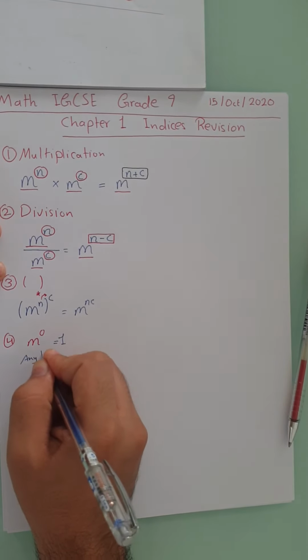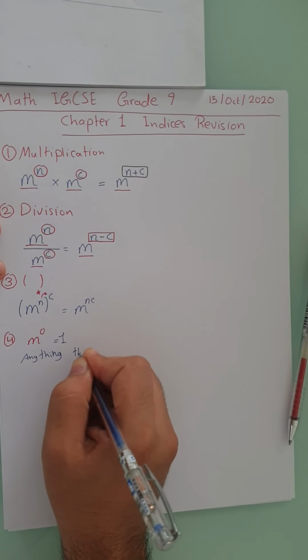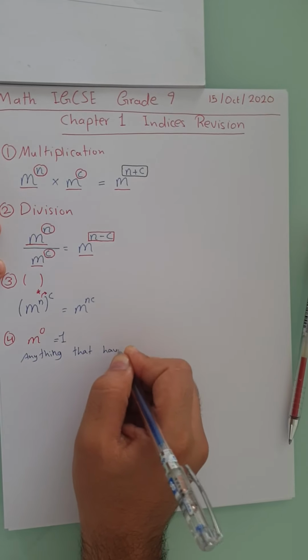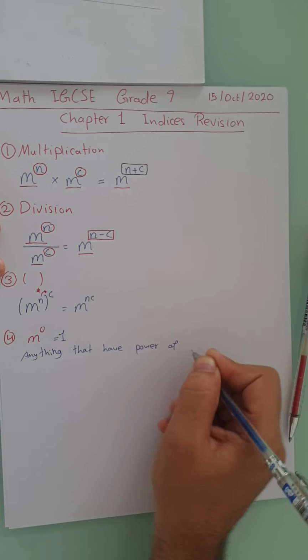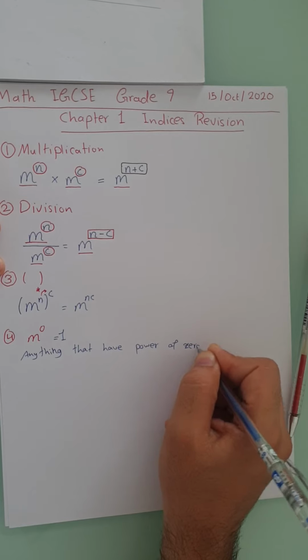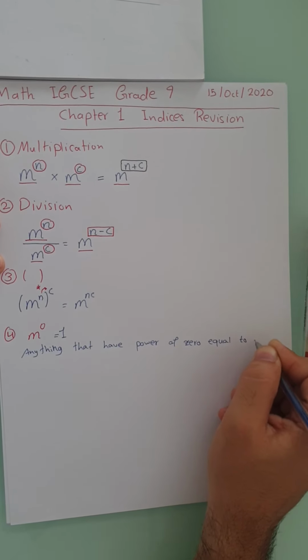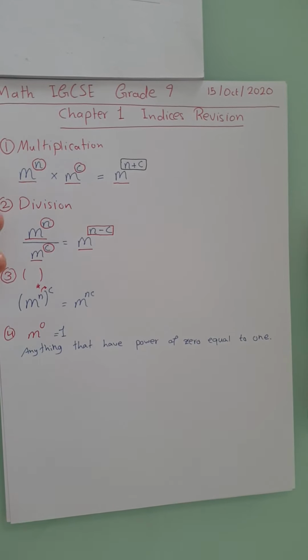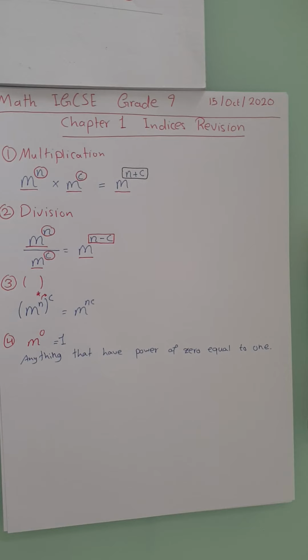Anything that has a power of 0 equals 1. This is your rule. Anything that has the power of 0 will equal to what? 1.